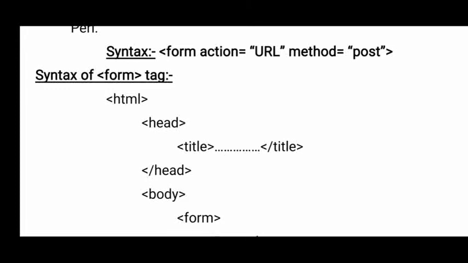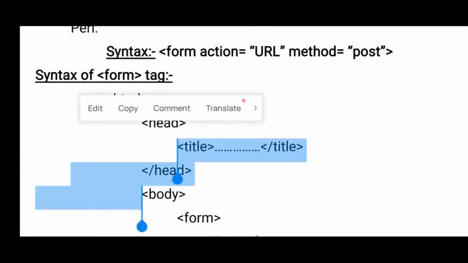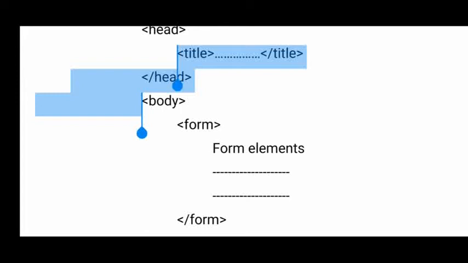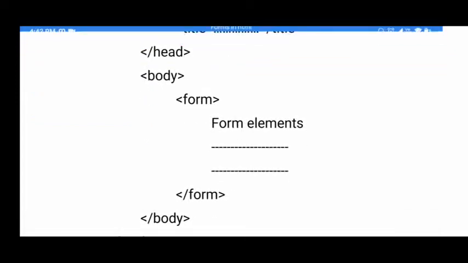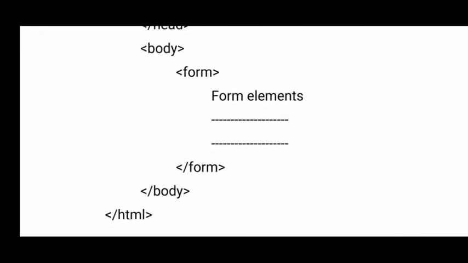Now you see the syntax of the form. First html, next head, next title. I think you all know this. Now come to the body tag. Inside the body tag, as already said, the form structure starts with the form opening tag and ends with the form closing tag.